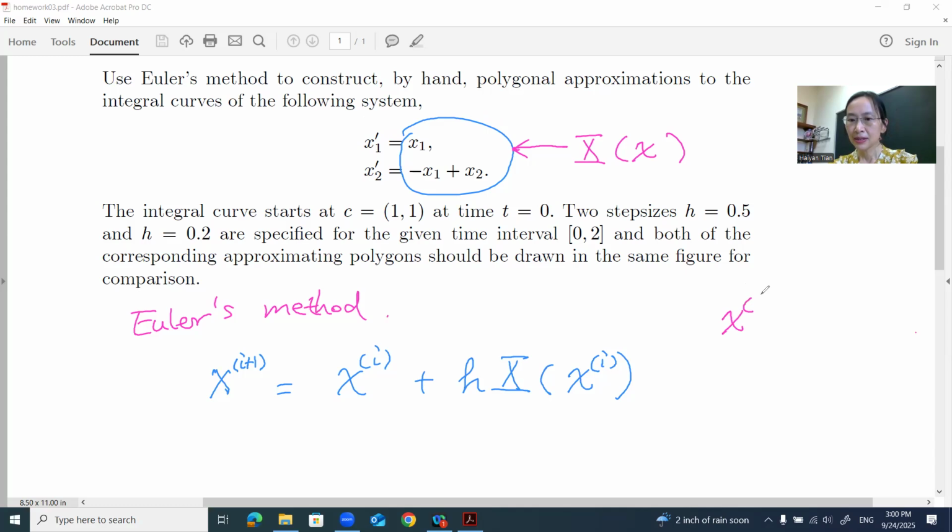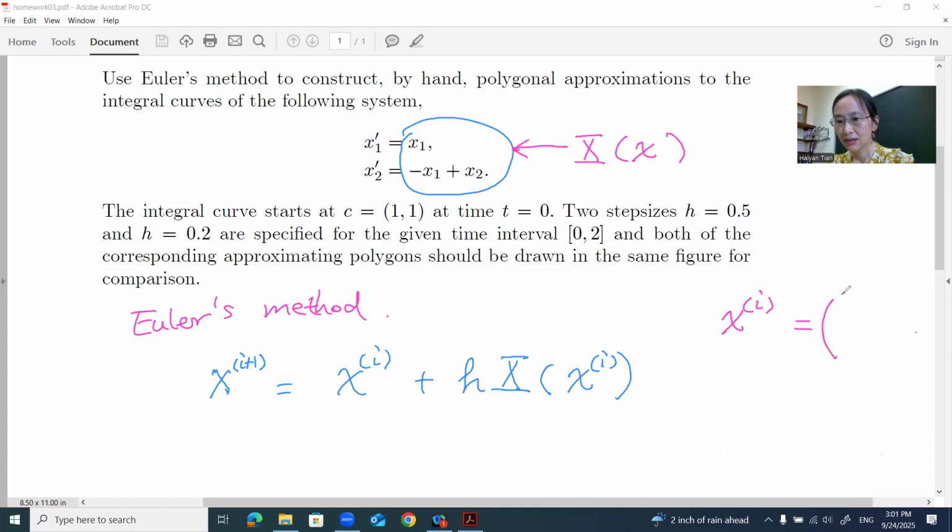The reason I picked this notation instead of x sub i is because x sub 1 and x sub 2 already have a meaning, right? The subscript has a meaning. They denote the first component of the x vector and the second component of the x vector. So we don't want to create confusion.